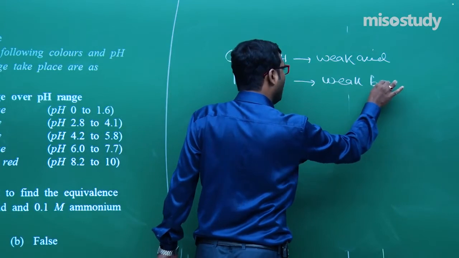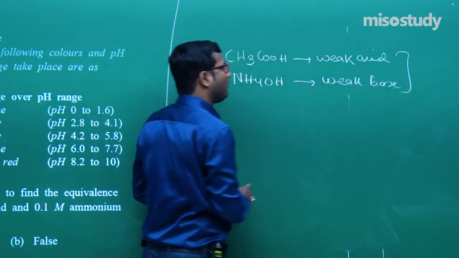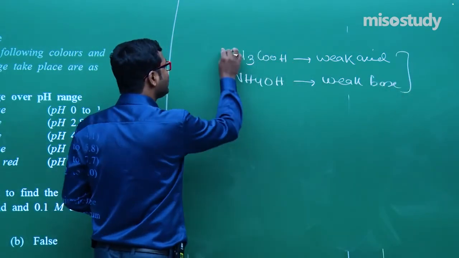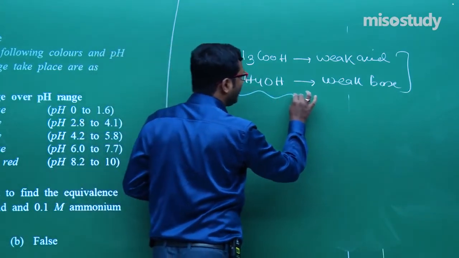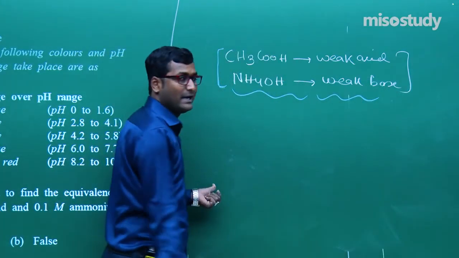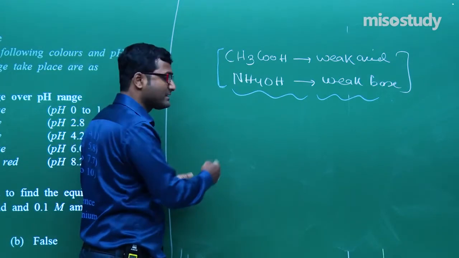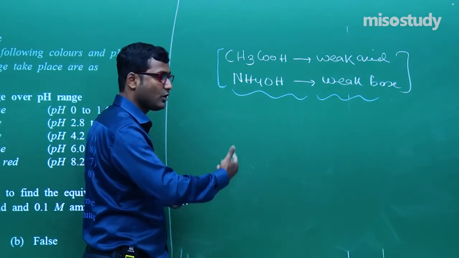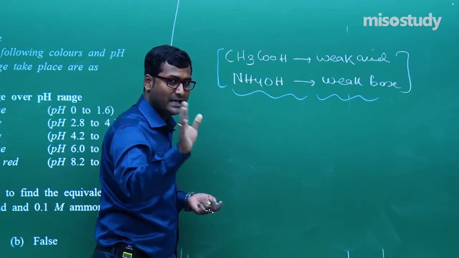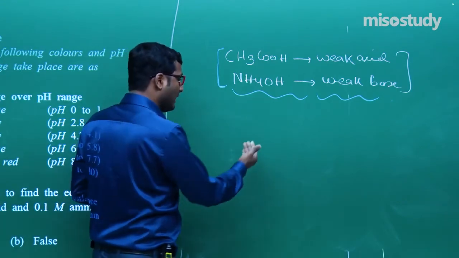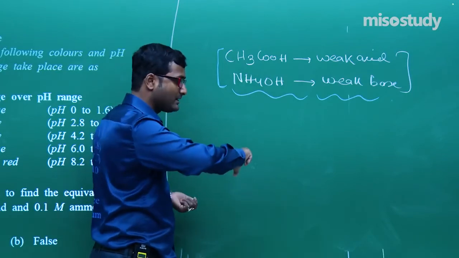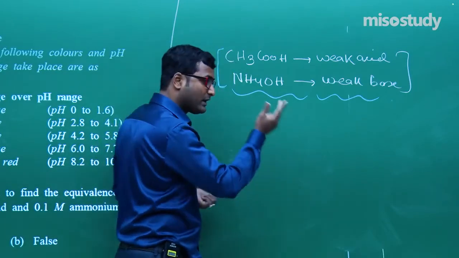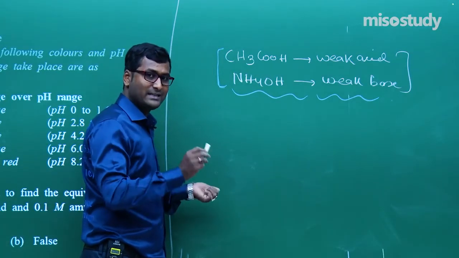As we know, for a weak acid and a weak base, there is no such indicator which gives the exact value. For the salt which we get from a strong acid and weak base, we can use an indicator; likewise for a weak base and strong acid, a strong base and weak acid, and for a strong acid and a strong base there is an indicator.